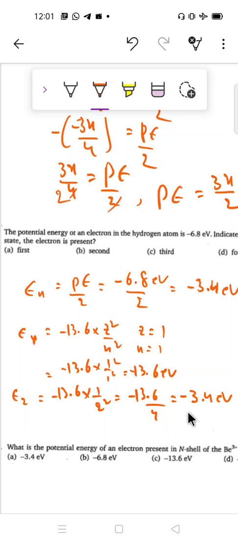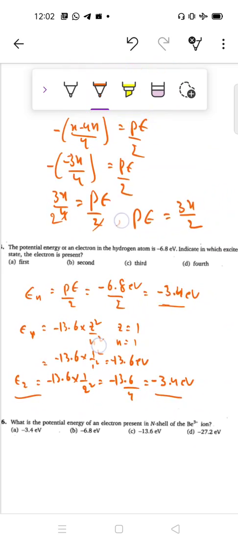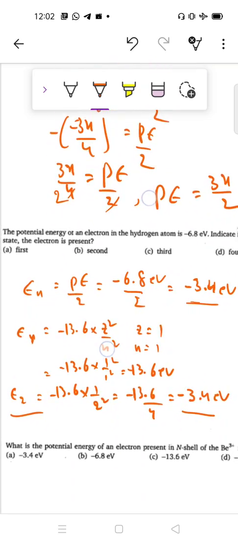This means the energy present here matches this one. Now the energy of the electron in the hydrogen atom is minus 3.4. Indicate in which excited state the electron is present.